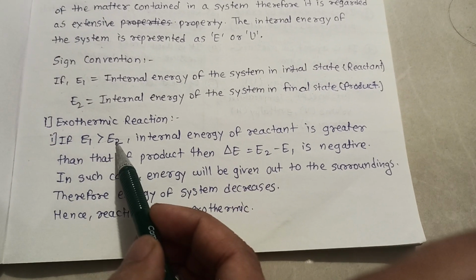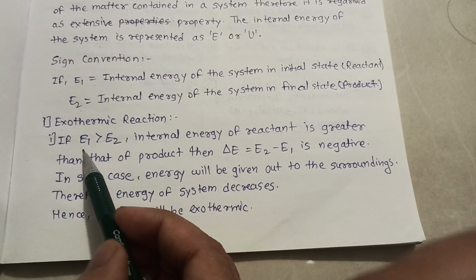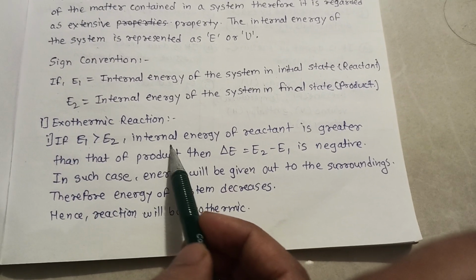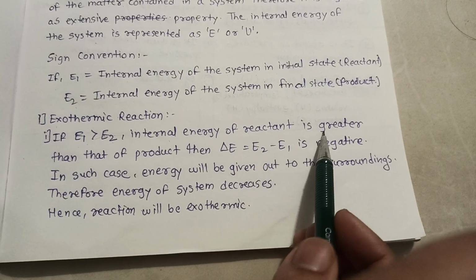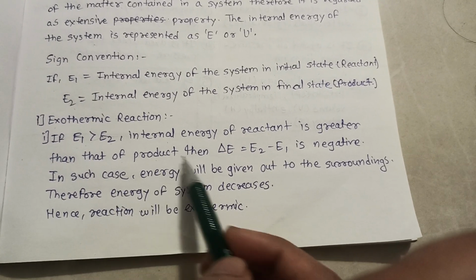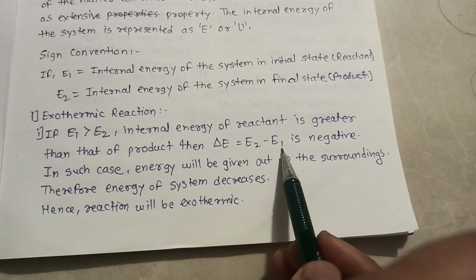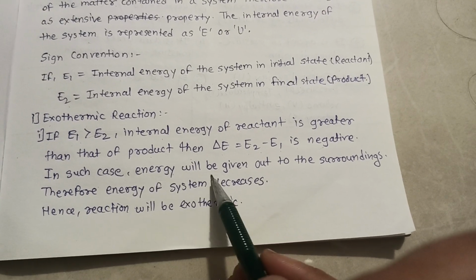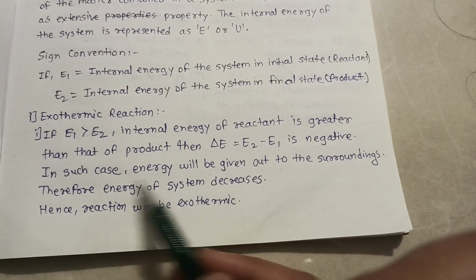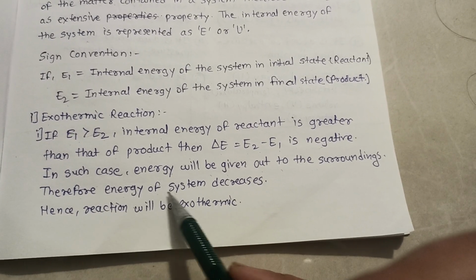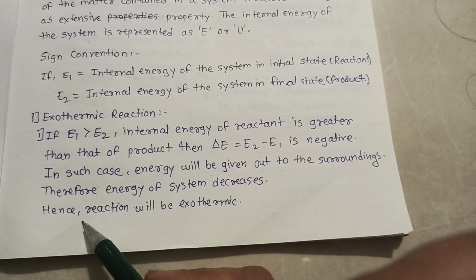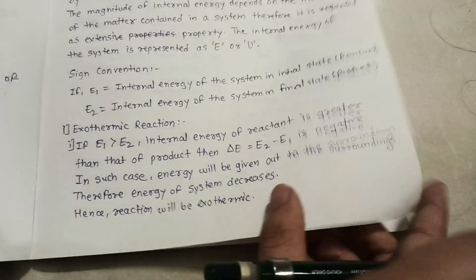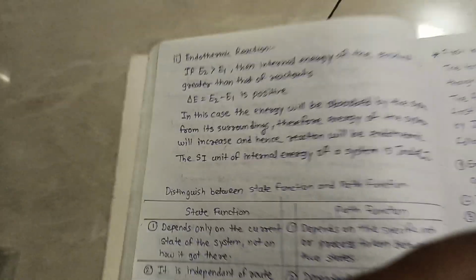If E1 is greater than E2, meaning the initial internal energy is greater than the final internal energy, then the internal energy of reactant is greater than that of product, and delta E is equal to E2 minus E1, which is negative. In such a case, energy will be given out to the surroundings. Therefore, the energy of the system decreases. Hence, the reaction will be exothermic, meaning heat is released, heat is given out of the system.